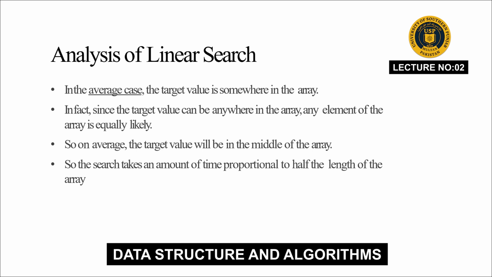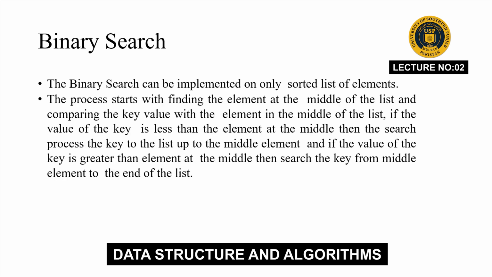In the average case, the target value is somewhere in the array, so on average the target will be in the middle of the array, so the search takes an amount of time proportional to half the length of the array.